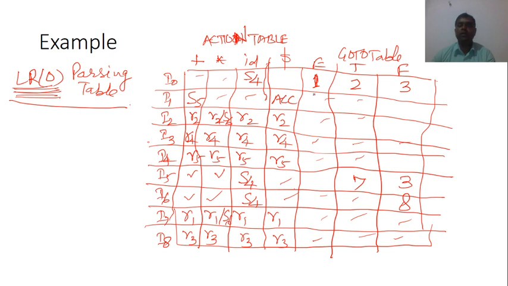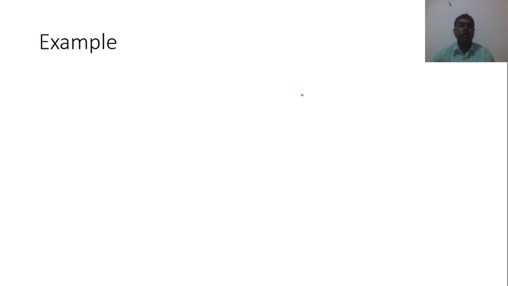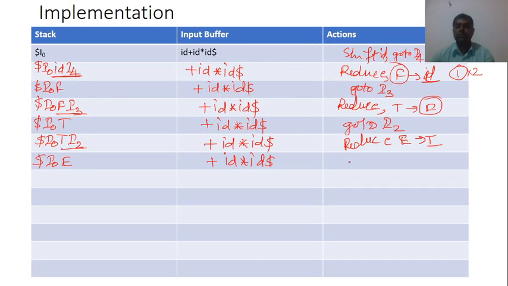That is 1. So go to I1. So here what is the action? Go to I1. Now it becomes $ I0 E I1, and here it becomes plus ID asterisk ID $.